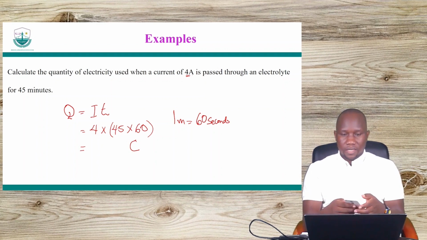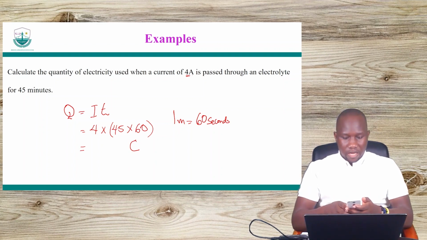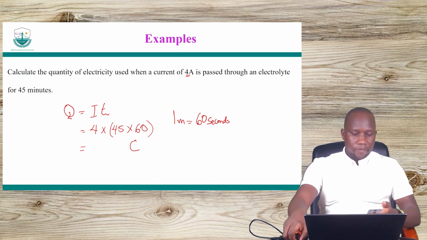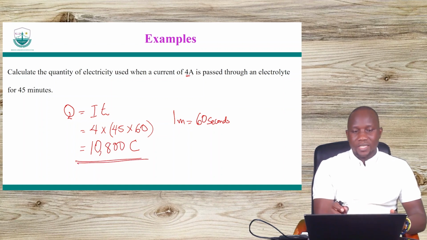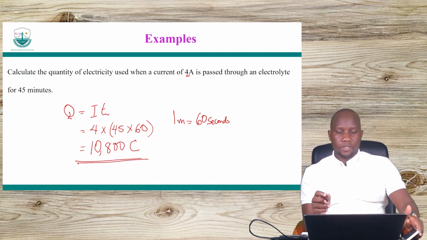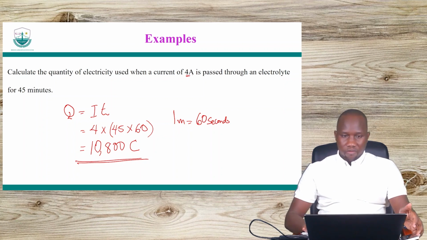So let's do that here and see what we get. You have 4 times 45 times 60. Yep. So you get 10,800. So that is the quantity of electricity in coulombs. Okay, so we move to the second question.